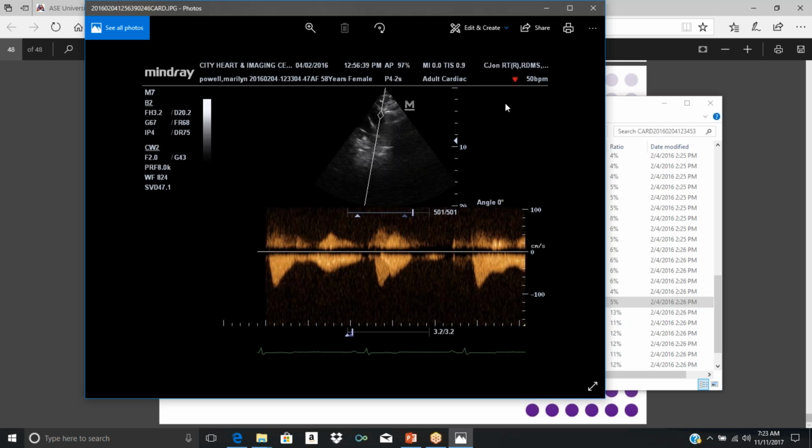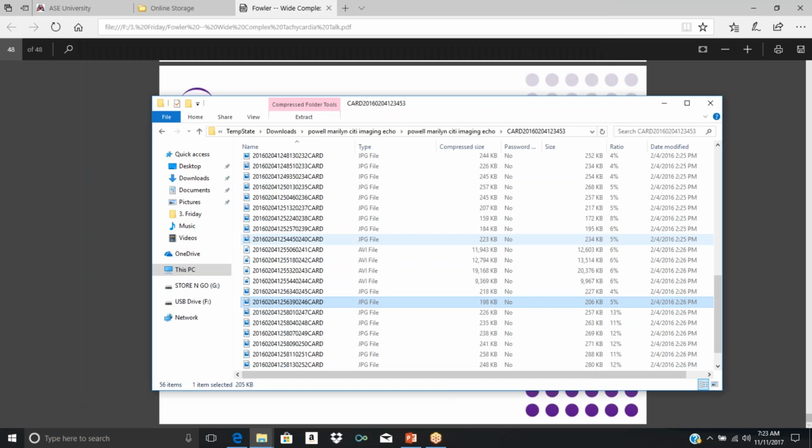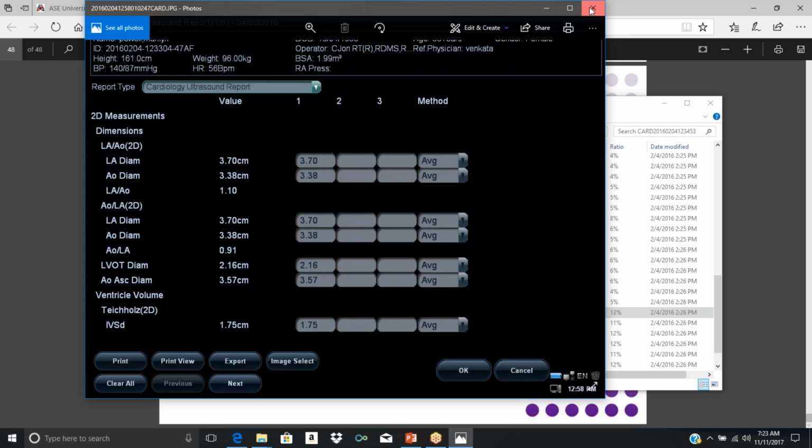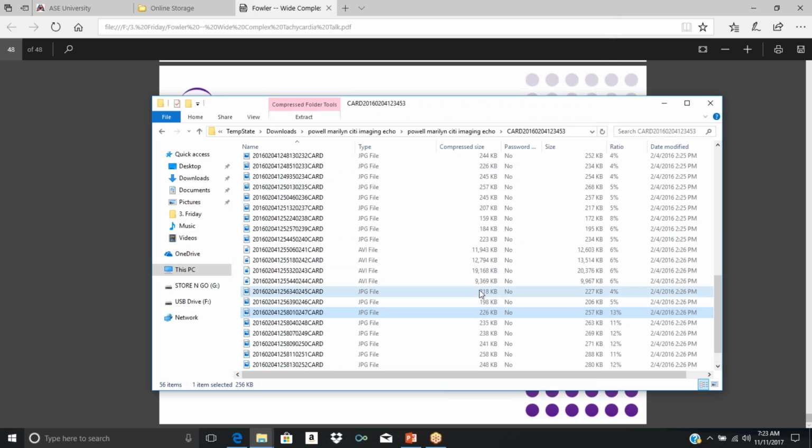All right. So I think this is your suprasternal notch view. Yeah, this is your suprasternal notch view.